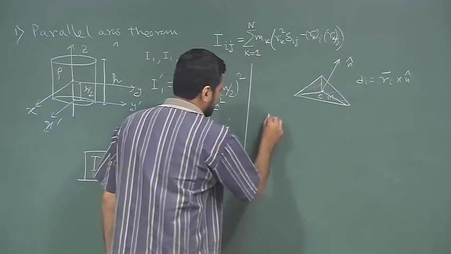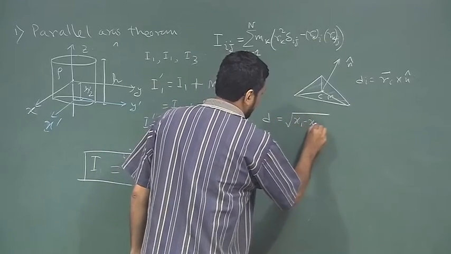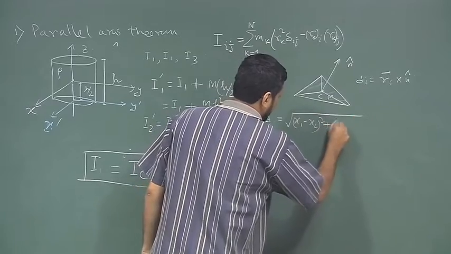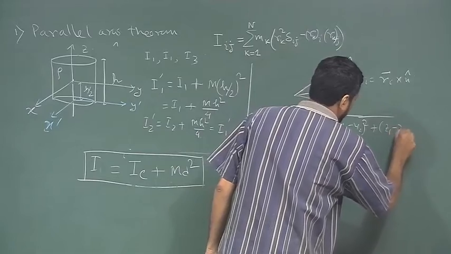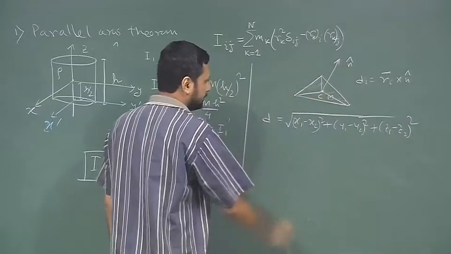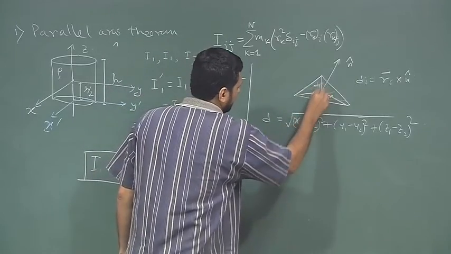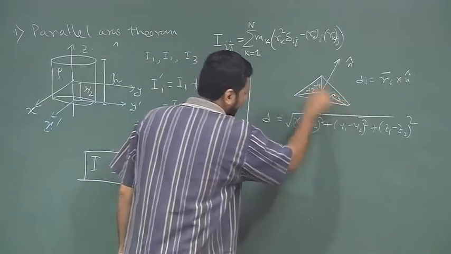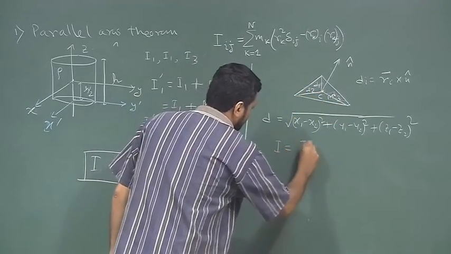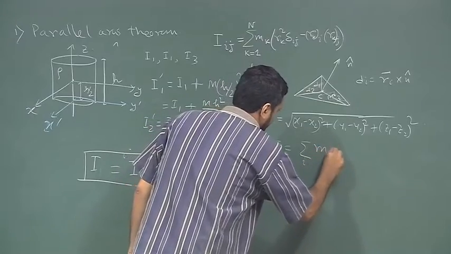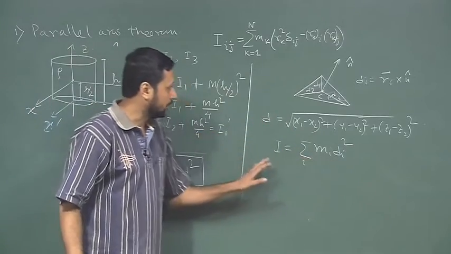The mutual distance between any 2 points is d equal to root over x1 minus x2 whole square plus y1 minus y2 whole square plus z1 minus z2 whole square. Similarly, we can calculate d1, d2 and d3 for these 3 points, and we can compute I equal to the sum over i of m_i d_i square. So, you can finish it yourself, it is one way of looking at it.